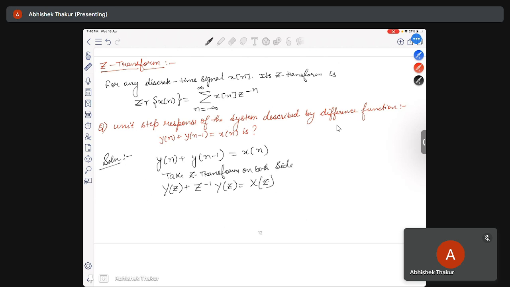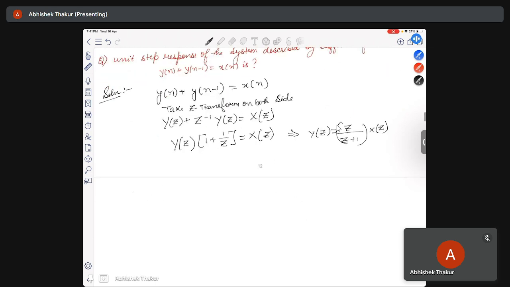Now take Y(z) common. We will get 1 plus 1 by z times Y(z) equal to X(z). This implies Y(z) equals z by z plus 1 into X(z).